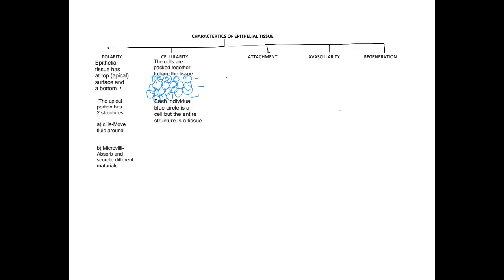Its function is that it mainly prevents passage of water and solutes. Solutes are really tiny substances, but it's not water. It prevents passage of water and solutes from one cell to another, because these cells are connected. So that's called a tight junction. I'll show you the pictures in a minute.